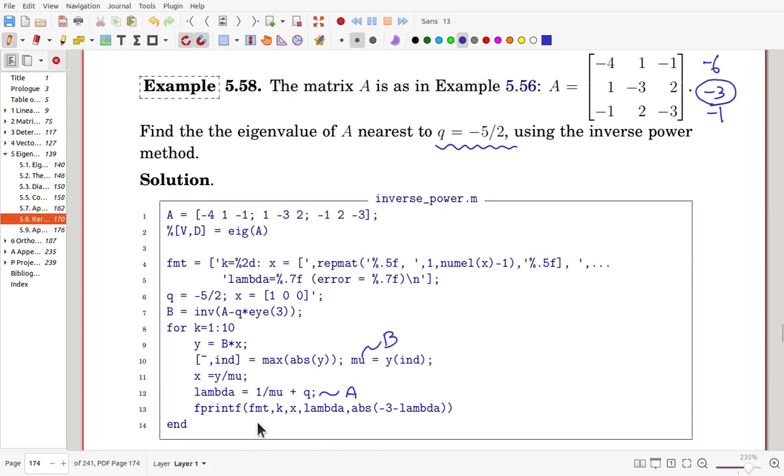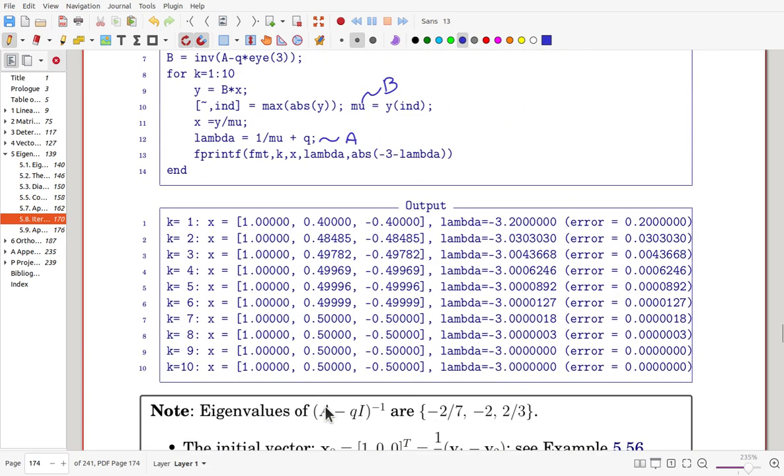So here in the printout, the last one is the error, the difference between −3 and lambda. Let's see how lambda is changing. Again, we run 10 times, and now start with 100. After 10 iterations, we have that vector.